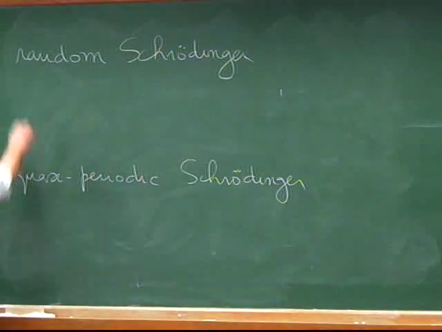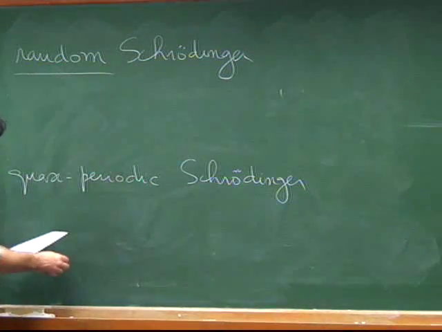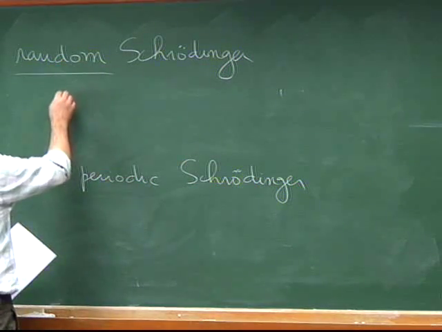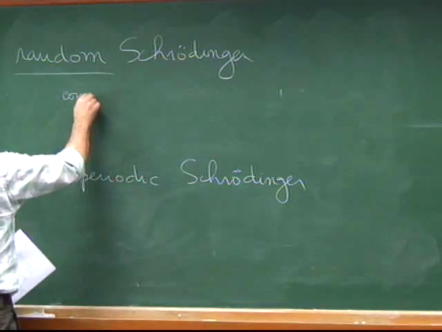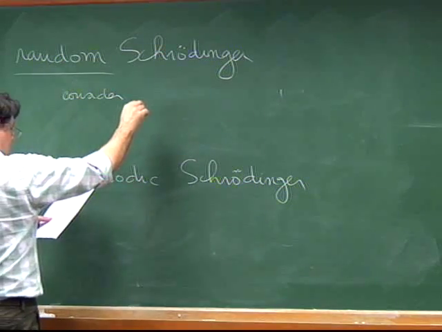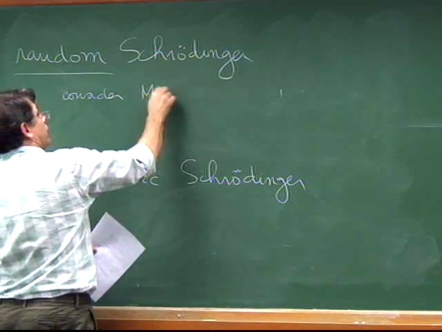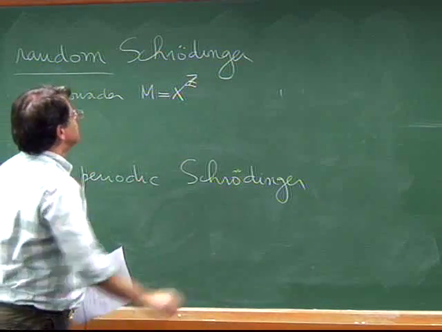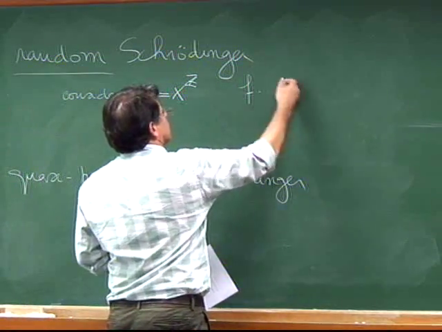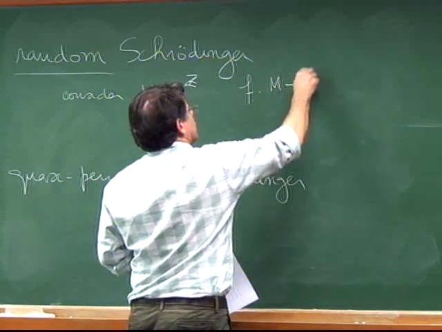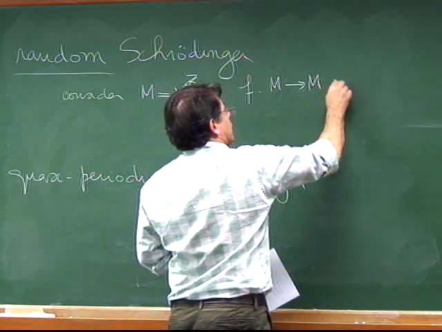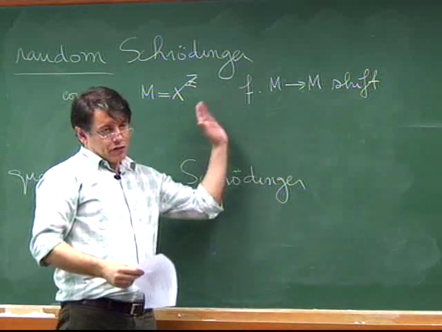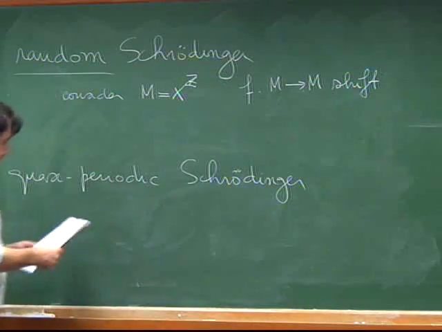So in random Schrödinger, the V_n are random variables. So you consider a shift space M and F from M to M, the shift map, the same as I introduced before, just the map that shifts the sequences to the left.